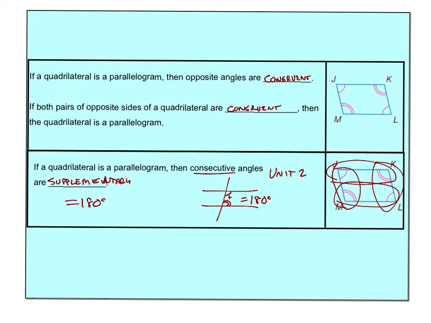So we've got things for the sides. Sides are parallel, congruent. Now we're saying angles. Opposite angles are congruent. Consecutive angles are going to add up to 180. All right, so now we're up to 4 properties so far.